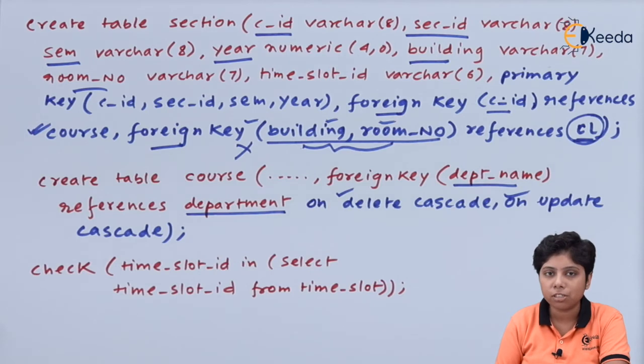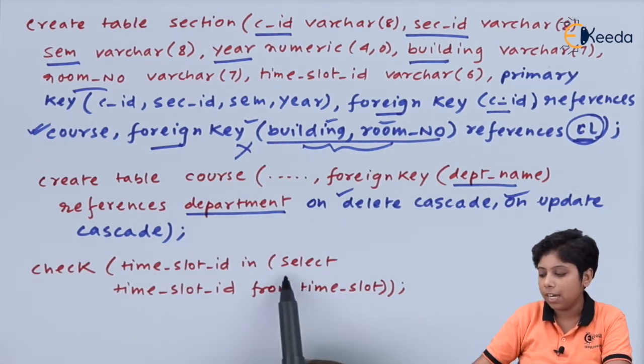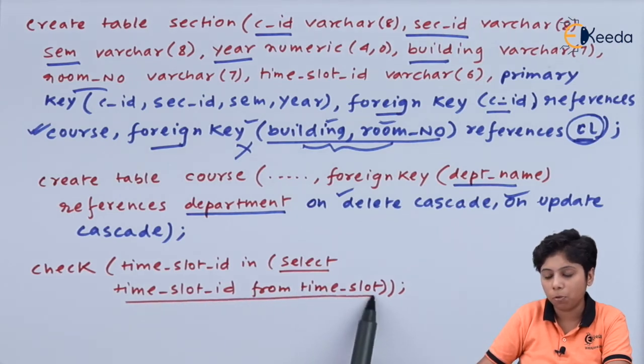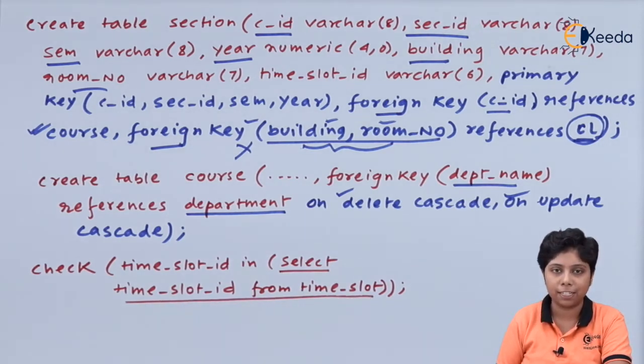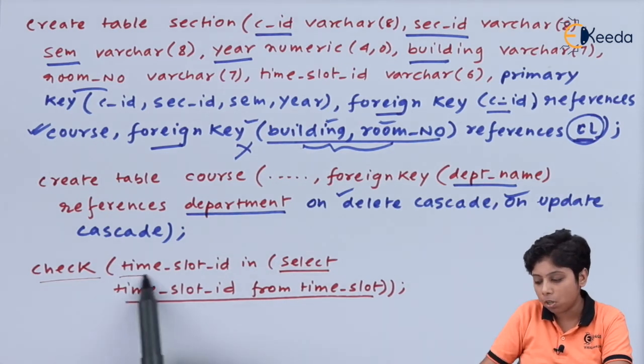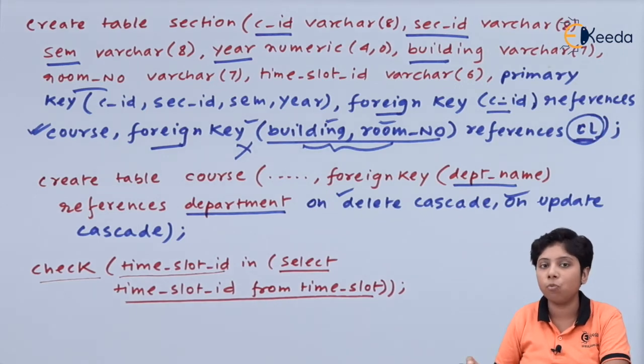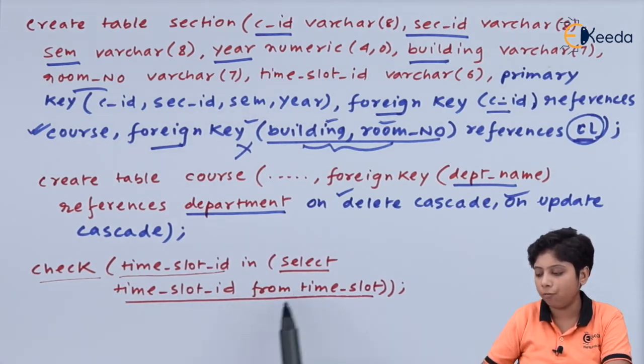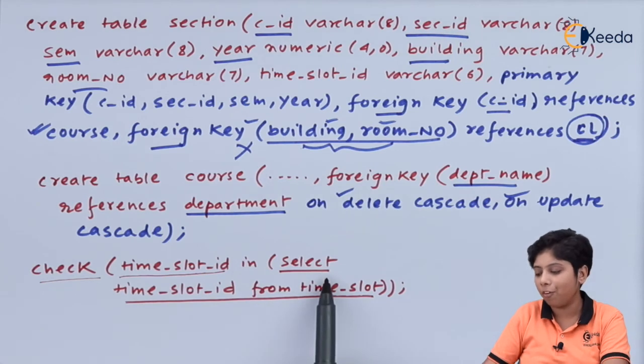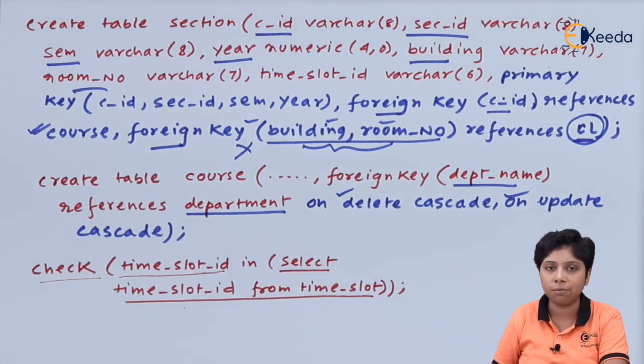In a complex check constraint, the constraint does not check a single constant value or a set domain. We have a select statement or a subquery inside the check statement. The check constraint consists of the time slot ID, which I will check not against a set domain but against a relation that I get from this subquery, by performing a select operation on time slot ID from the time slot relation.